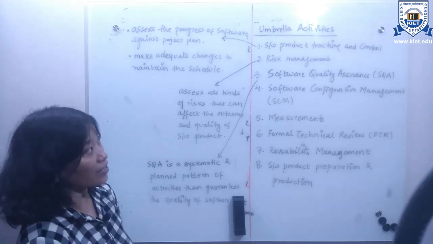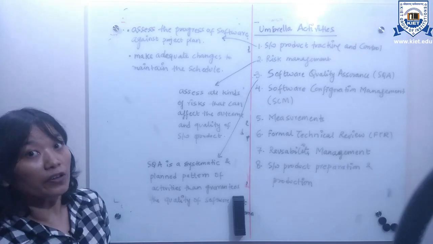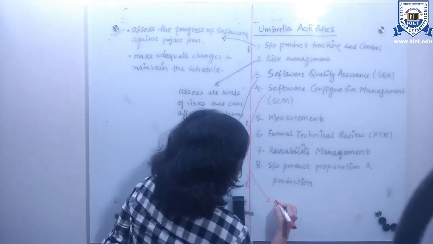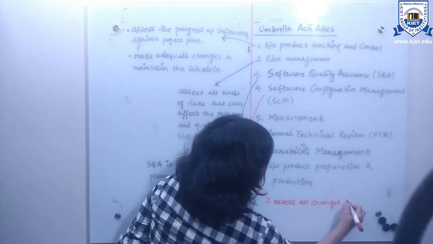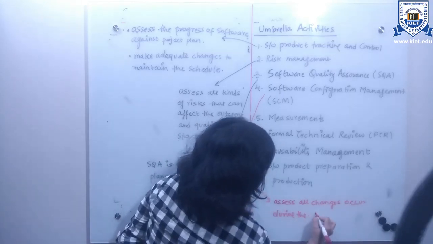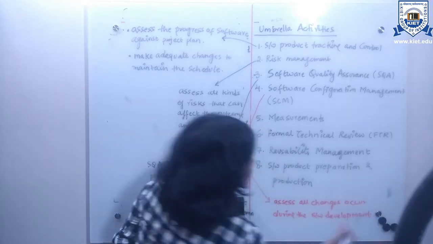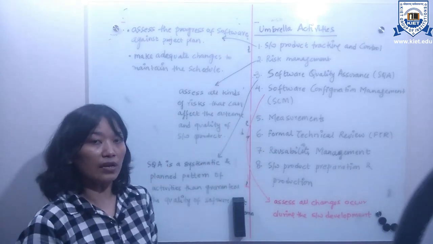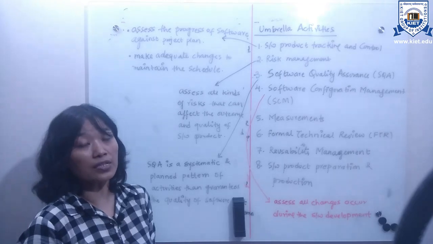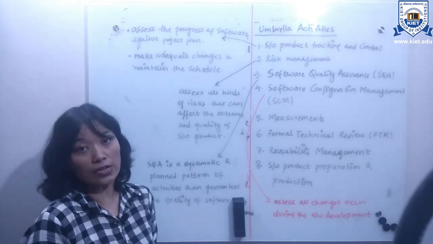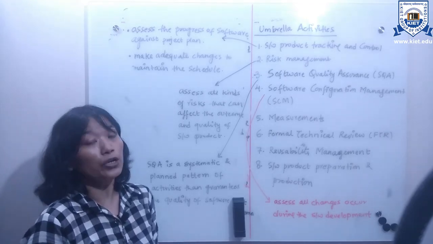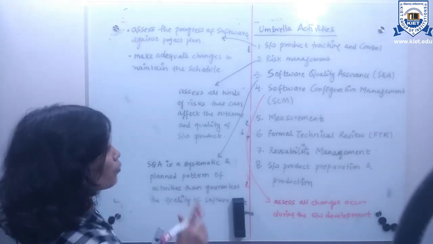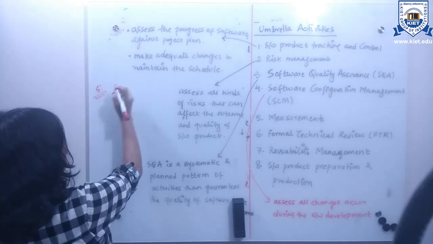The fourth activity is software configuration management. Under software configuration management, it assesses and defines or corrects all the changes that may occur during the development of the software product. And the fifth one is measurements.